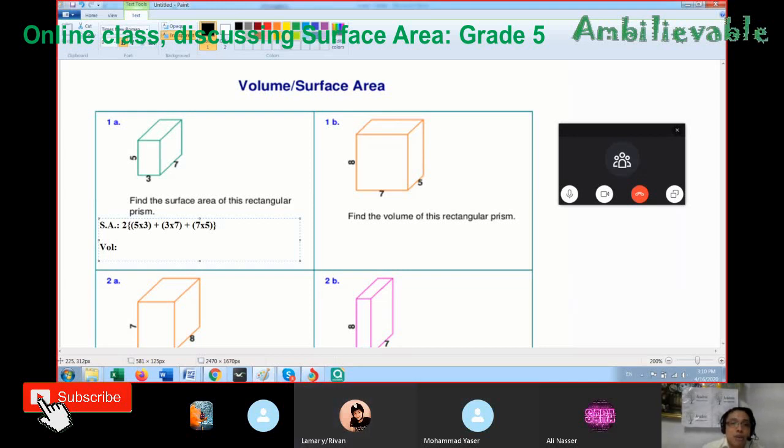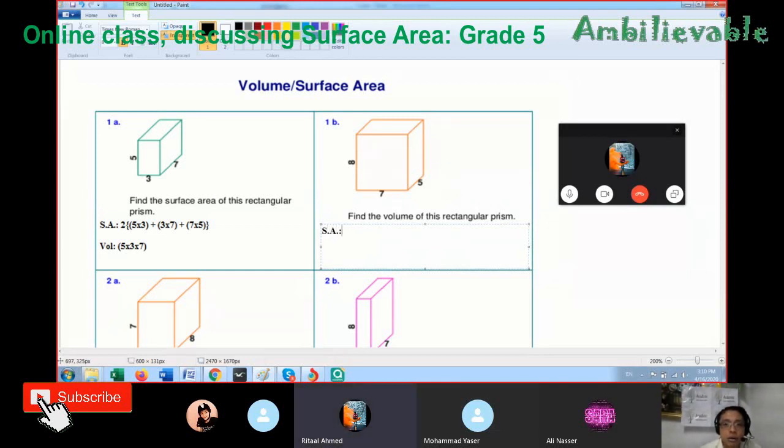And then for the volume, you have multiplication only: 5 times 3 times 7. There you go. The same thing with this one. We are just going to rotate the numbers. Surface area.